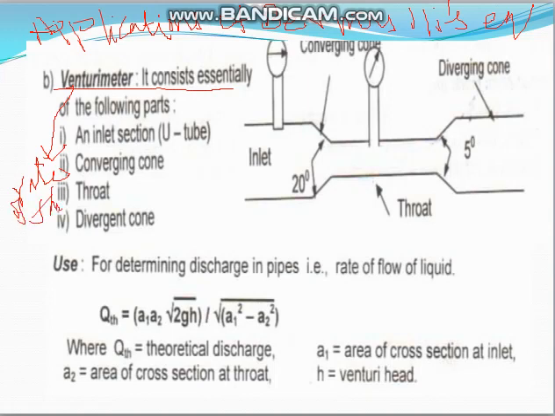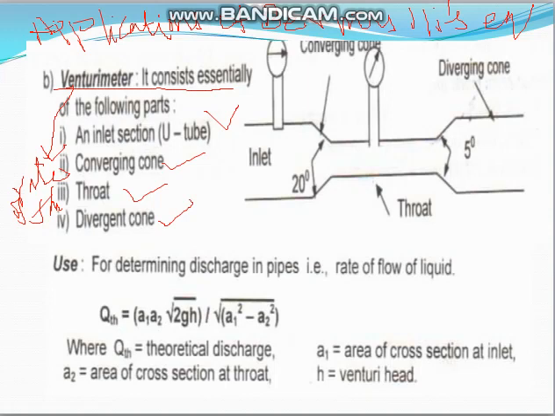Coming to that, this venturimeter consists of the following parts. One is an inlet section, that is the U tube. Another one is the converging zone and throat. Another one is the diverging cone.